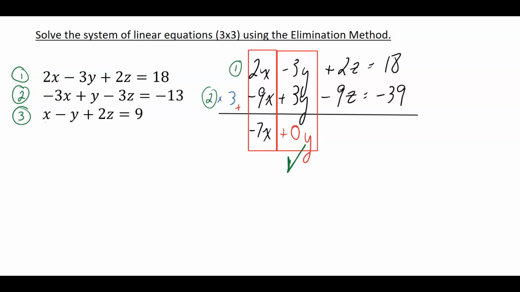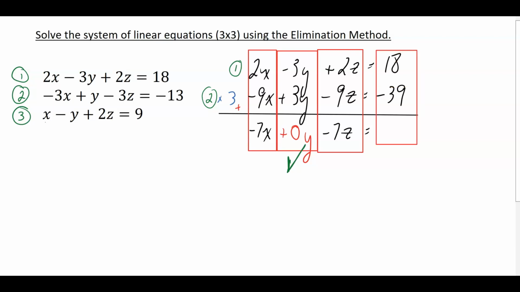Moving on to the z. 2z plus minus 9z is minus 7z. And we will do the constants as well. We have 18 plus negative 39, which is negative 21.